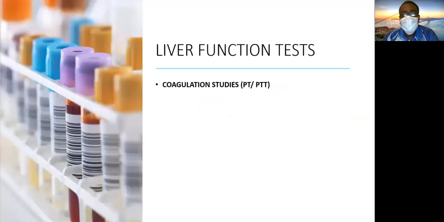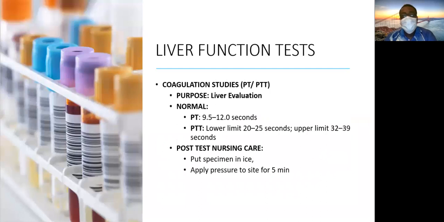Another liver function test we should look at would be our coagulation studies, which include your PT and your PTT. And your PT would be what? That will be your prothrombin time, which measures the number of seconds it takes for a clot to form in a sample of blood after you add the reagents.